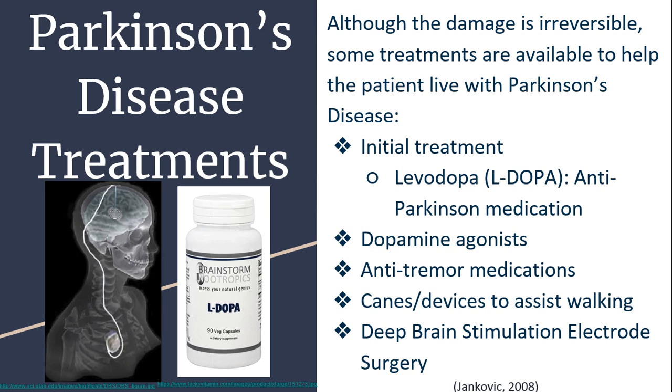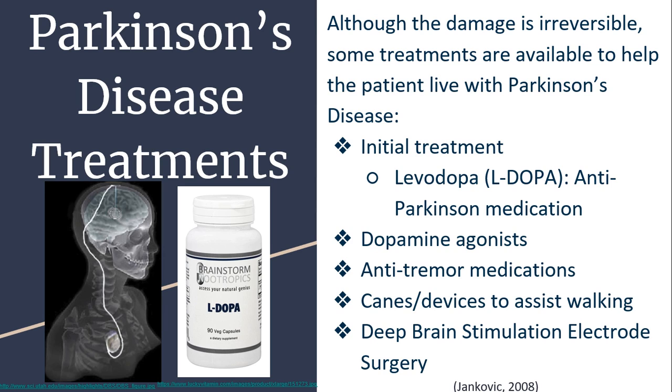The first treatment for Parkinson's disease is L-DOPA, an anti-Parkinson medication that is able to cross the blood-brain barrier. Like I said before, the neurons that are degenerating are responsible for releasing dopamine, and that's where most of the symptoms come from.